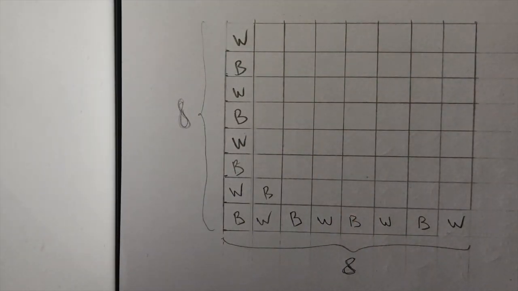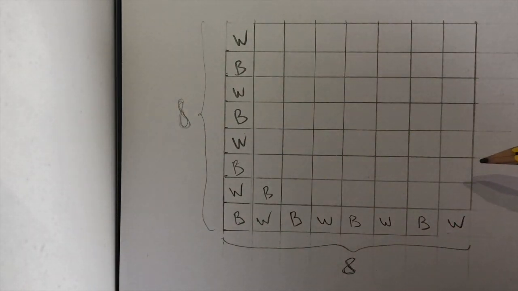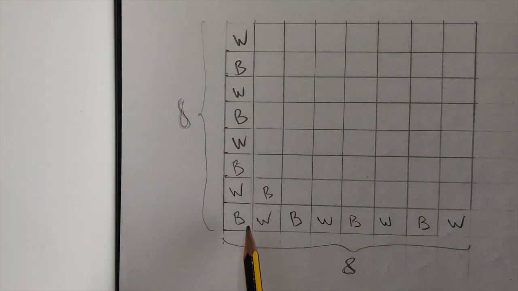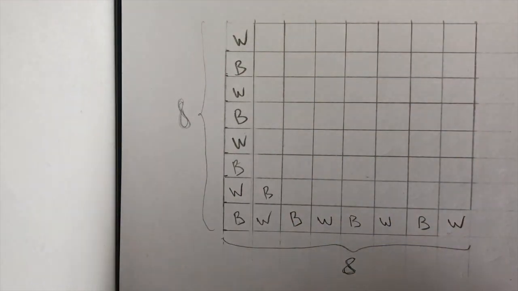How is this useful? Well, if we actually had a chessboard, then you can notice that in every row there are exactly 4 black cells and 4 white cells. So their number is the same. And this will repeat for every row.